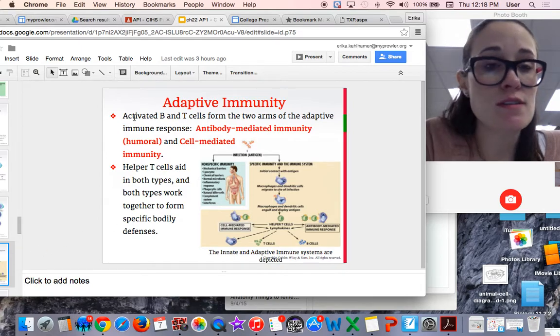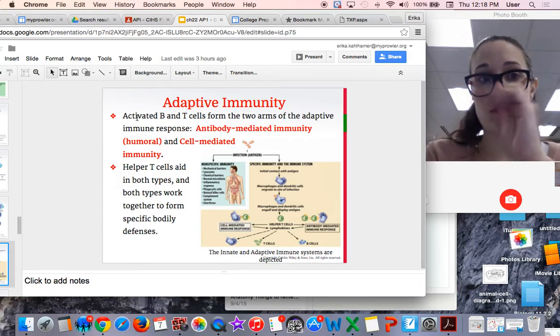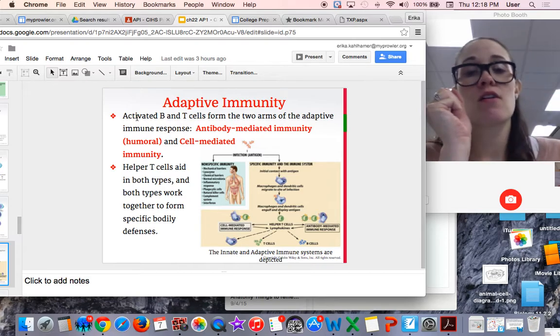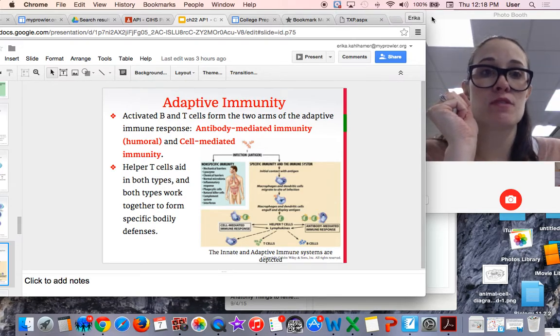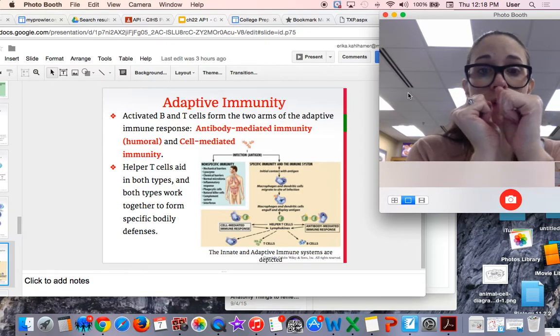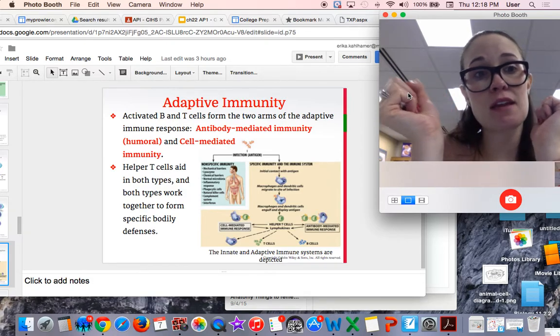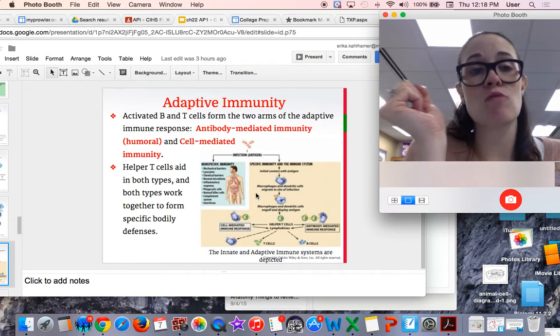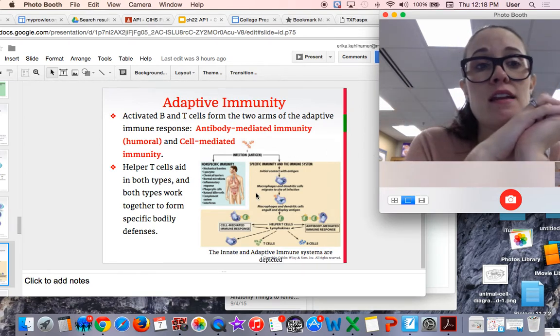Once activated, the B cells over here, and T cells represent the two arms or the two different types of adaptive immunity. It can either be antibody-mediated, another name for that is humoral, or cell-mediated immunity.